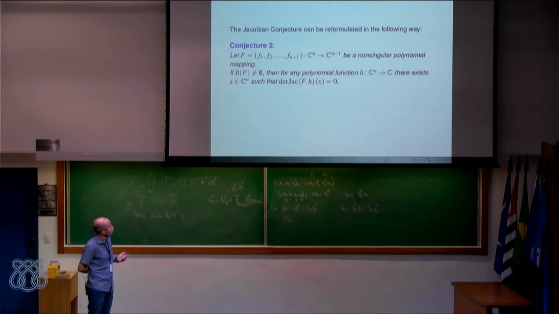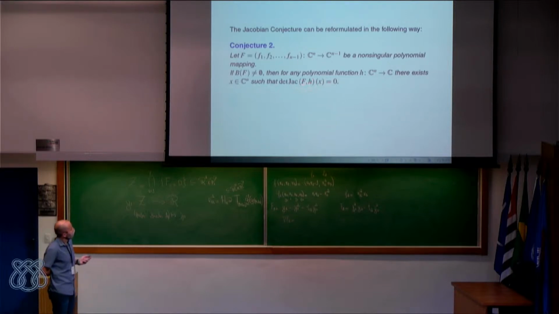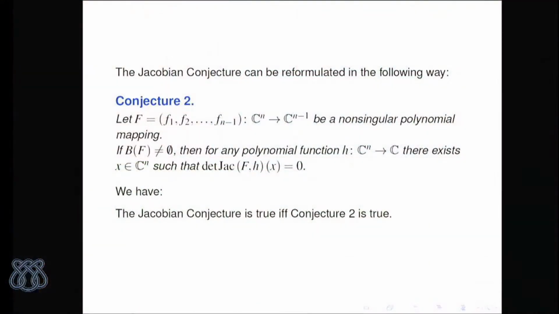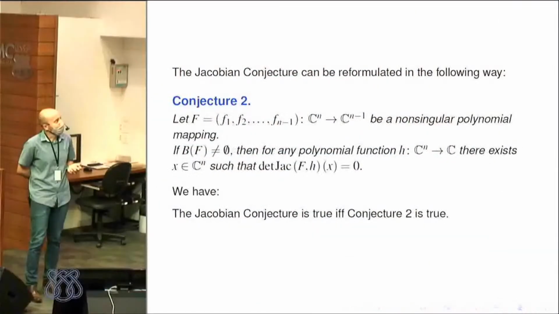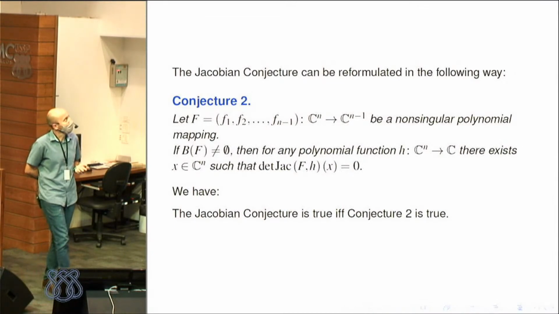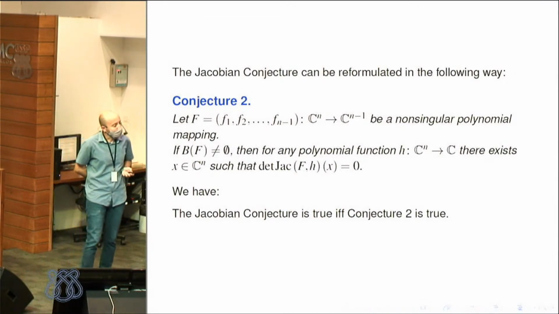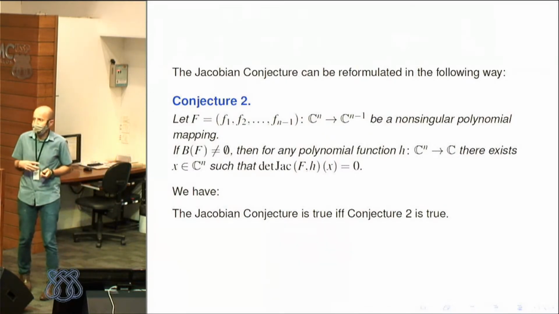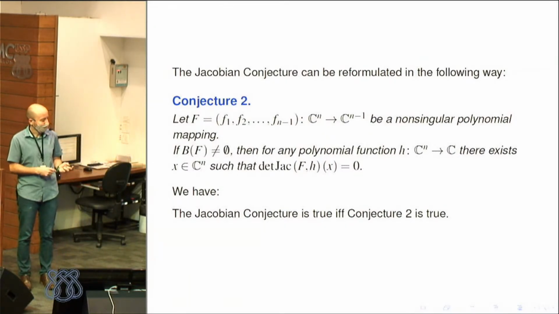In other words, the mapping (F, H) has a critical point. Here is the second relation between the bifurcation set and the Jacobian conjecture. The Jacobian conjecture is true if and only if conjecture 2 is true. So you have these two relations between the Jacobian conjecture and the bifurcation set of polynomial mappings.